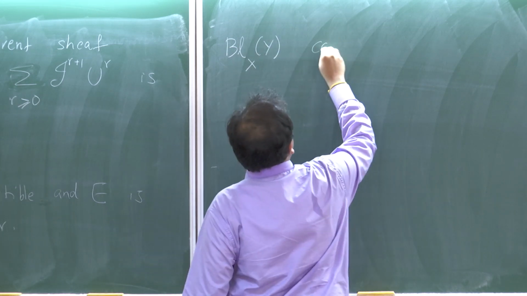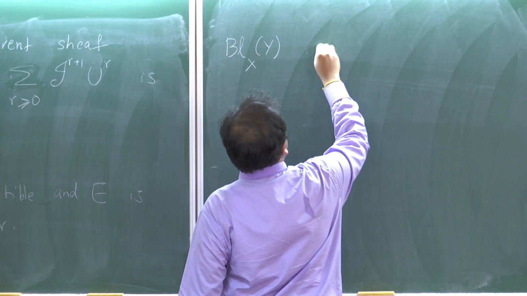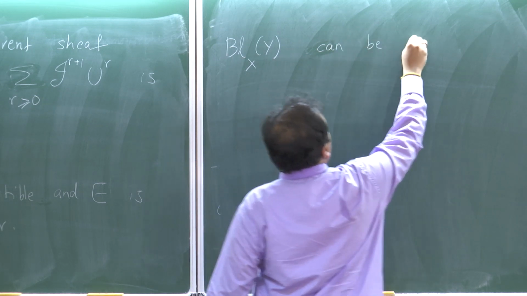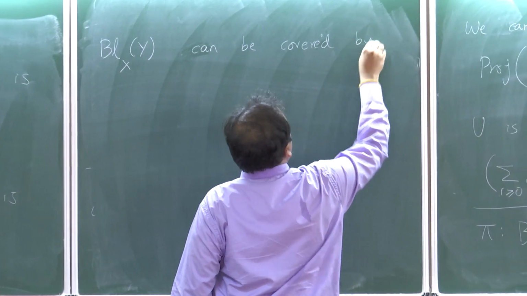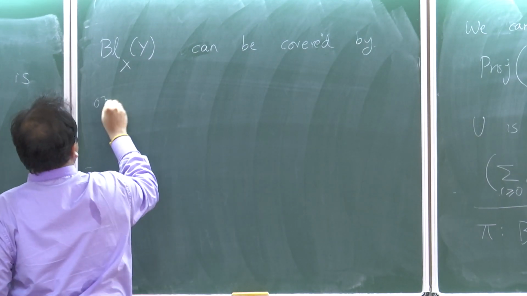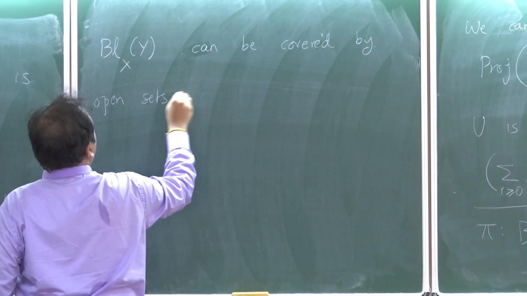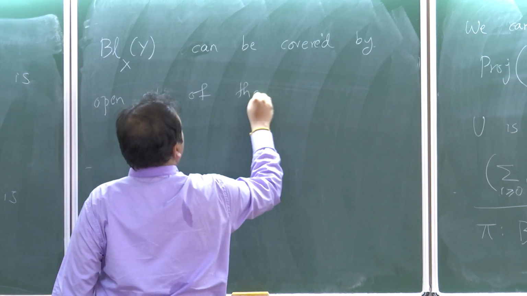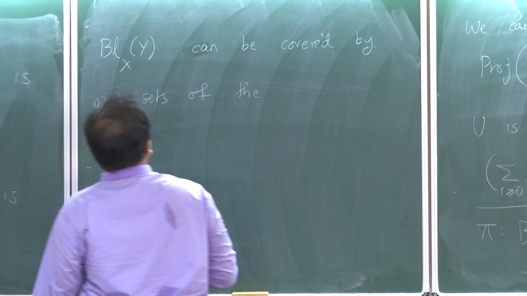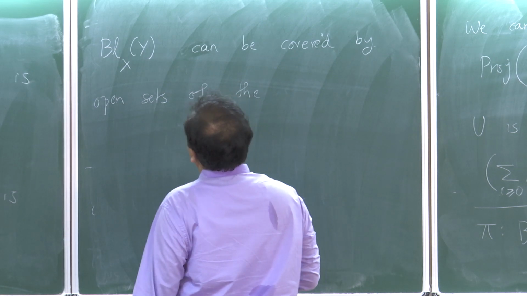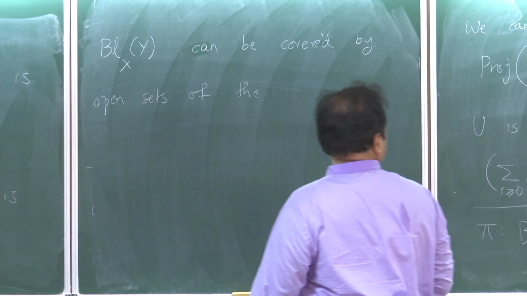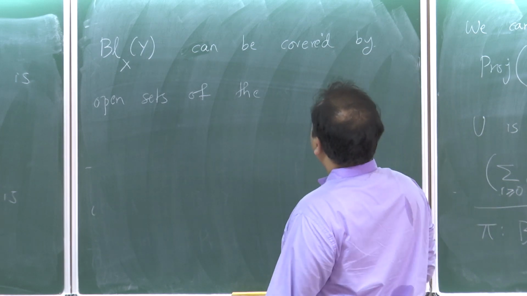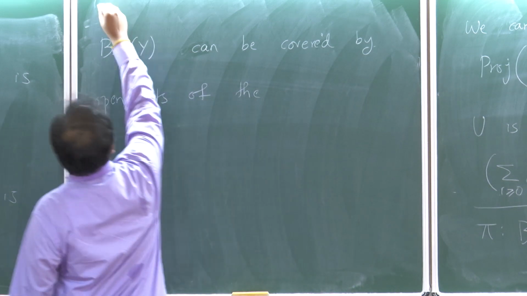Y can be covered by open sets of the form. It gets easier if I just assume that everything is affine. So let us assume.